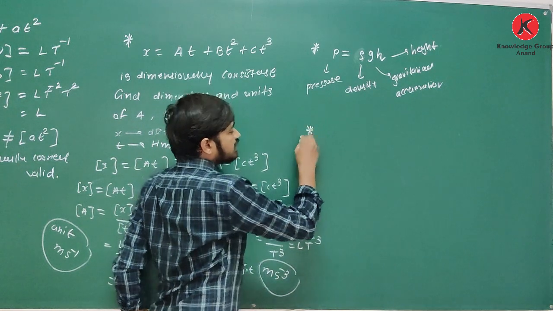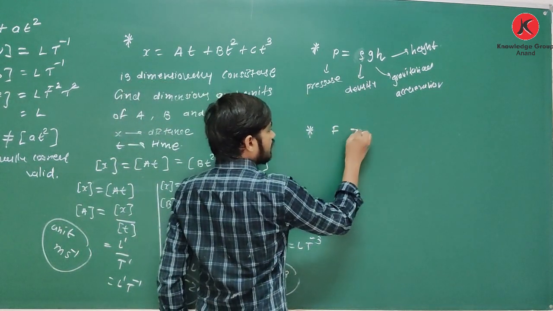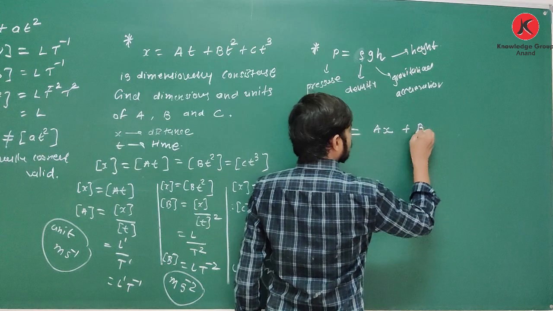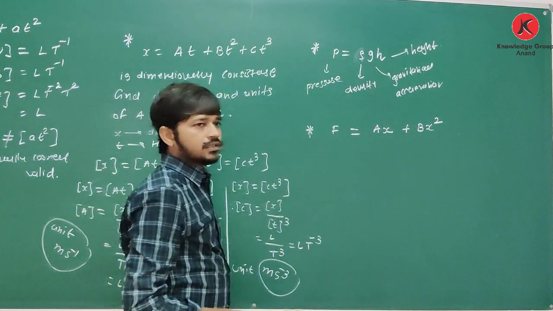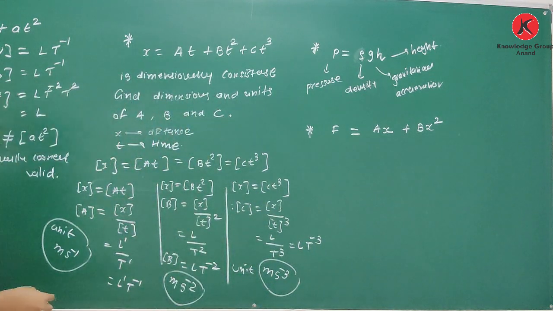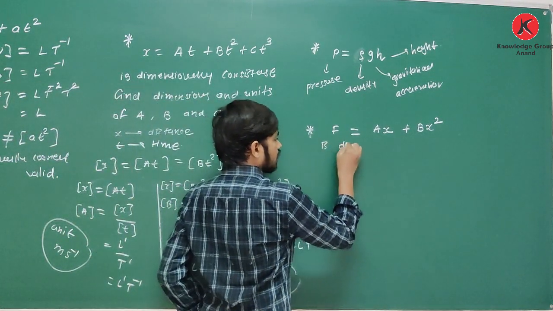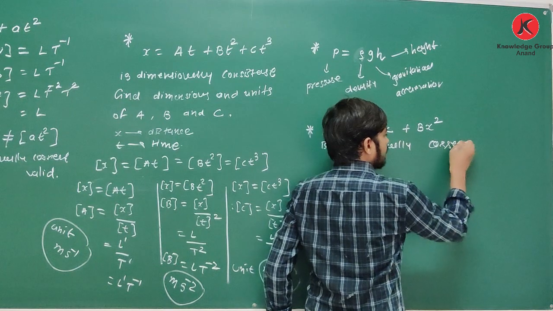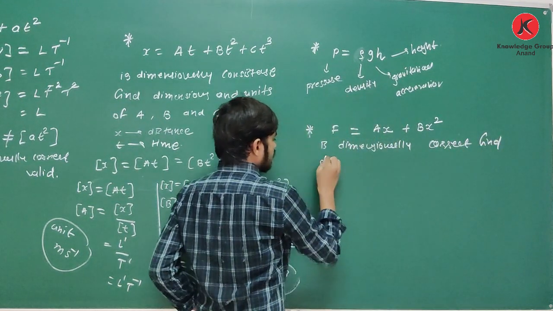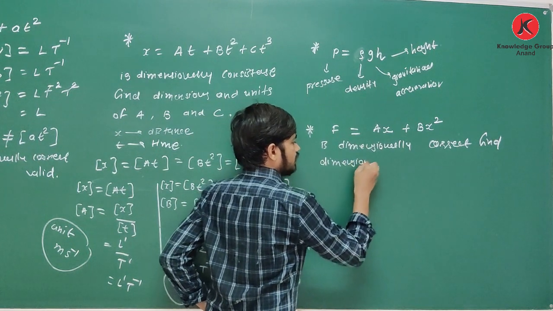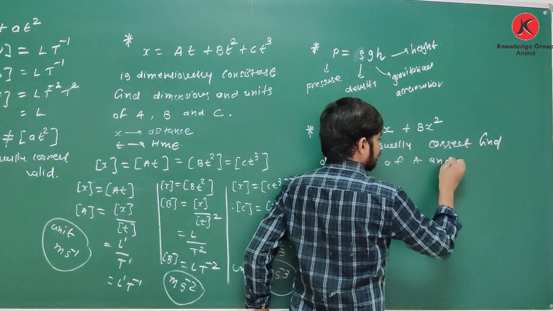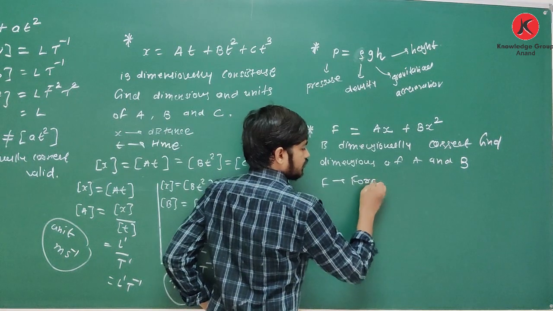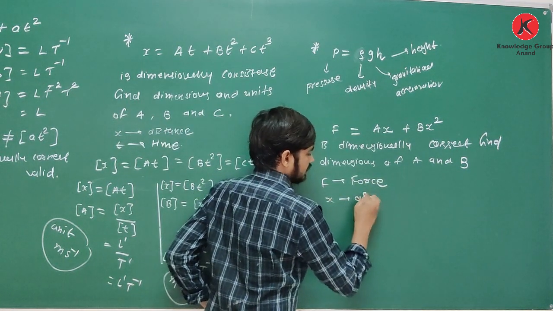Next one is, if F is equal to AX plus BX square is dimensionally consistent, is dimensionally correct, then find the dimensions of A and B, where F is force and X is distance.